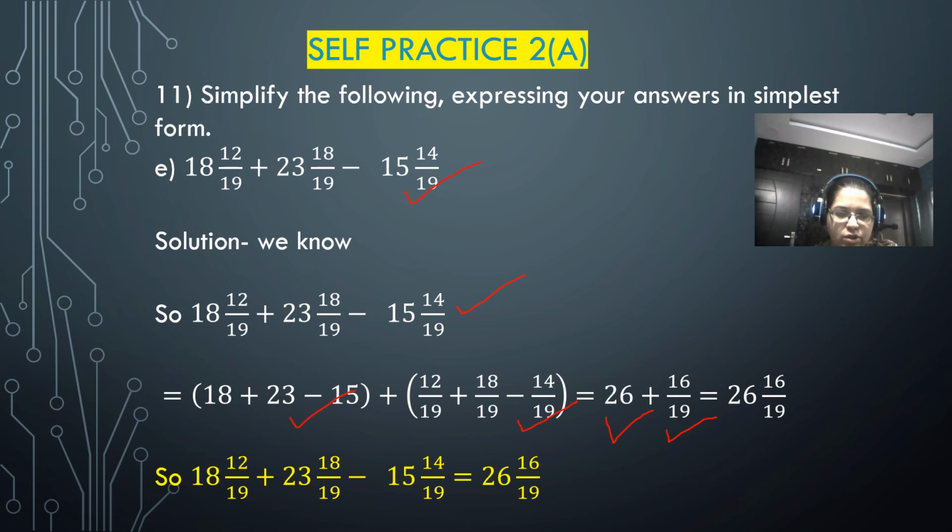So we get 26 16 divided by 19. So 18 12 divided by 19 plus 23 18 divided by 19 minus 15 14 divided by 19 equals 26 16 divided by 19. And 26 16 divided by 19 is a mixed fraction, and this is the simplest form of this fraction.